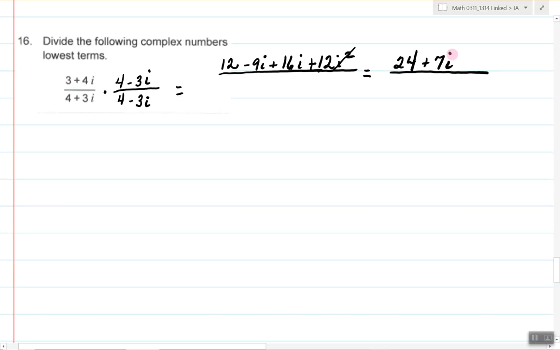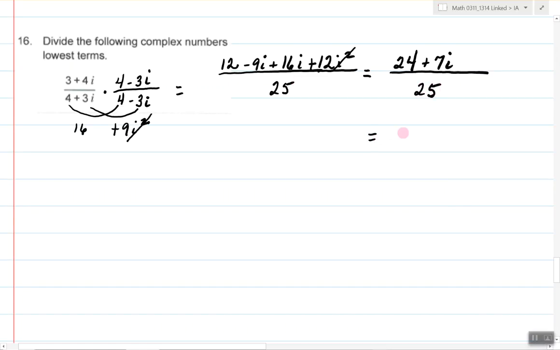So that's my numerator. My denominator, these are conjugates. I don't have to worry about outers and inners. The product of the first is 16. The product of the last is minus 9i squared. The i squared goes, changing that to plus. That means the denominator is 25.